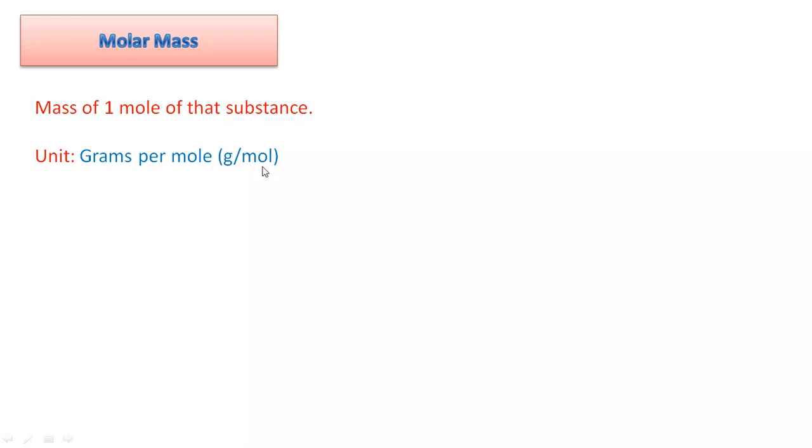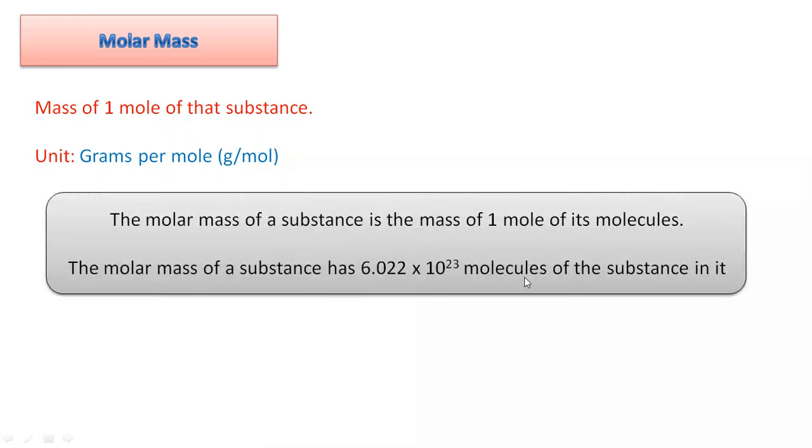You can say the molar mass has 6.022 into 10 raised to the power 23 molecules of the substance in it, right? Because 1 mole also contains these molecules. Molar mass also represents these molecules. So basically 1 mole is nothing but the molar mass. You can see here, molar mass is the mass of 1 mole.